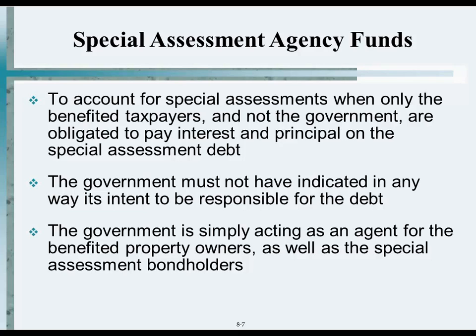The question you want to ask me is, who's responsible for the debt? If my answer is the government, where would it go? Debt service fund. If I say it's the property owners, government has no involvement, then it goes to the agency fund. Just remember that, and that's the most important thing to keep in mind.